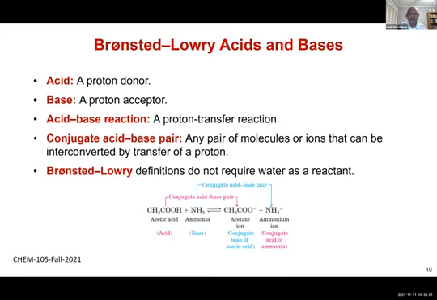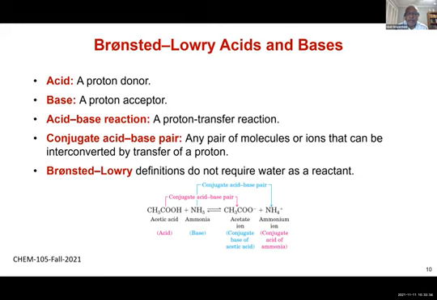For example, if you look at this slide, acetic acid and ammonia, which are both weak, when they react with each other, they produce acetate ion. A proton is removed from acetic acid, CH3COOH, that H at the right end gets broken.